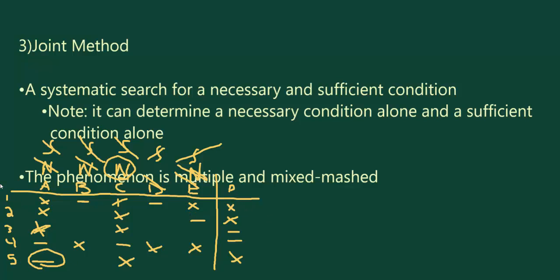But let's modify this a little bit. So let's say that really we didn't get C here. Then notice that each time that C occurs are times that P occurs, and each time that C doesn't occur are times in which P doesn't occur.